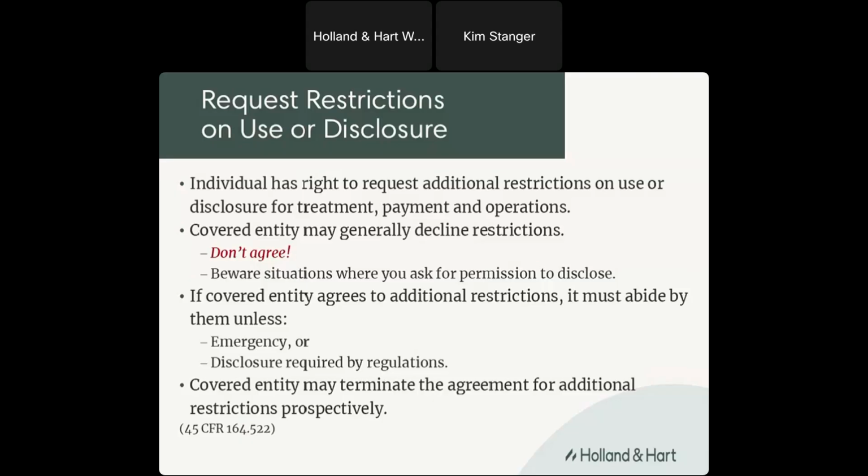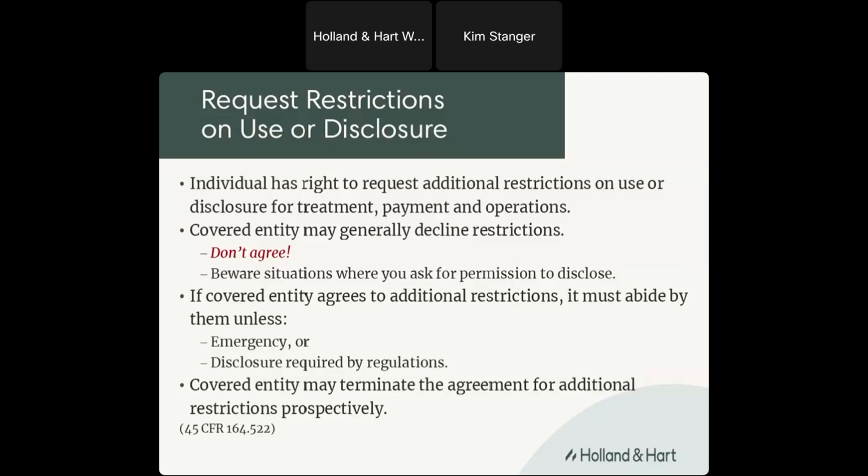The second right a patient has is a right to request restrictions on the use or disclosure of their information for purposes of treatment, payment, or healthcare operations. Now, wait a minute. Think about that. Didn't I just tell you that you could use or disclose protected health information for purposes of treatment, payment, and healthcare operations without the patient's authorization? Yeah, you can, but this rule gives the patient the right to request restrictions on your use or disclosure for treatment, payment, or healthcare operations.